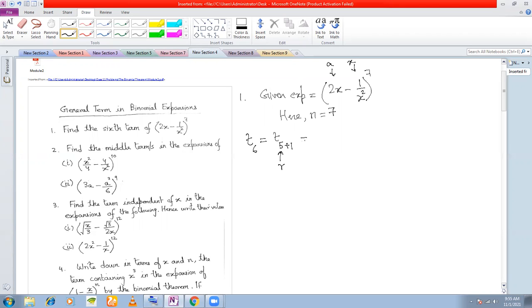Now we are going to put it in the formula. What is the formula here? nCr a to the power of n minus r, x to the power of r.